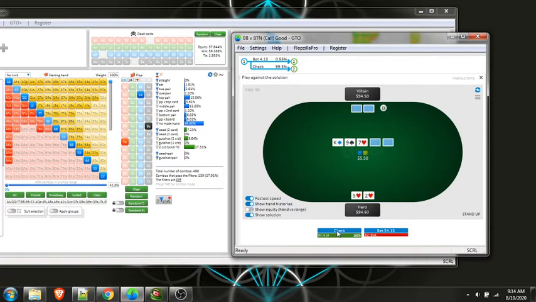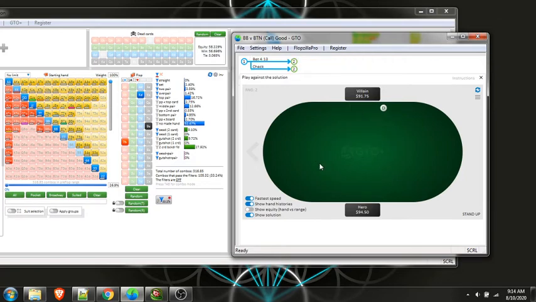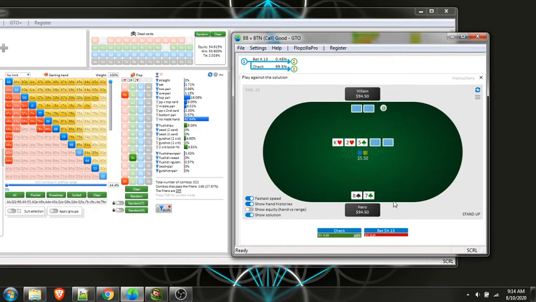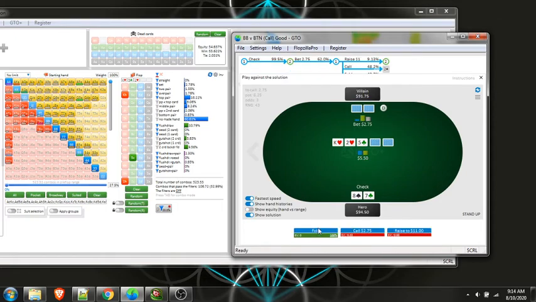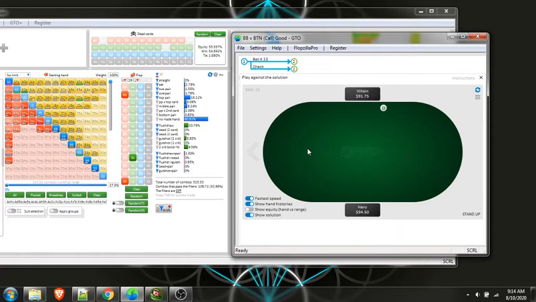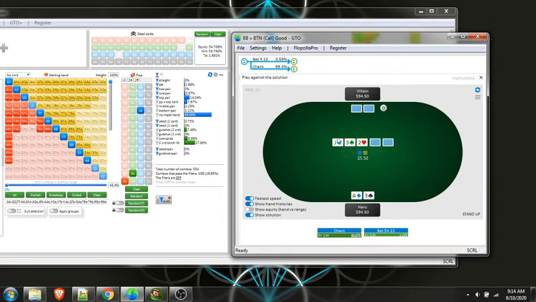20%. 15. Not so bad. 20%. Oh, the middle pair with the ace. It's above 50%.